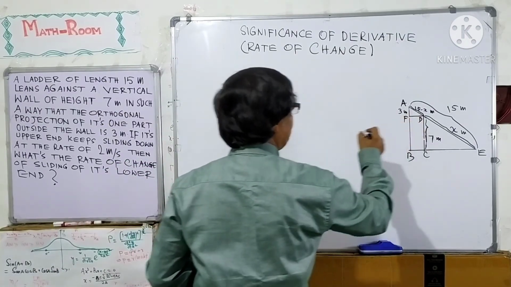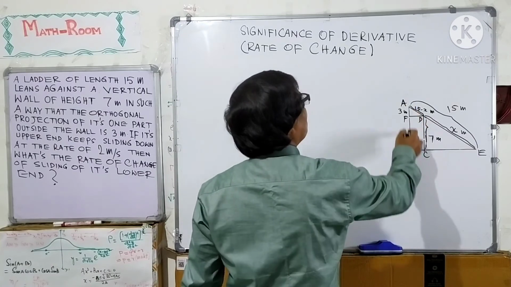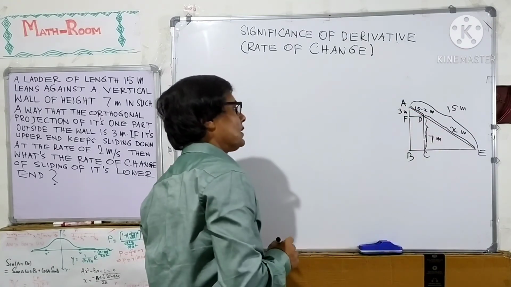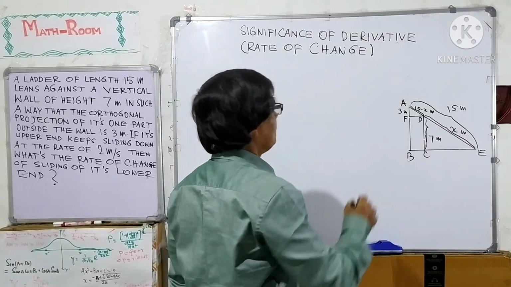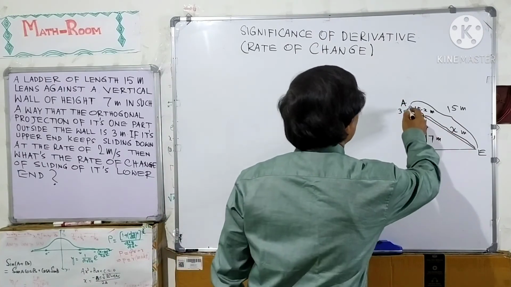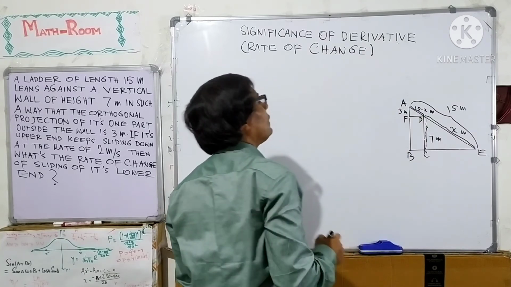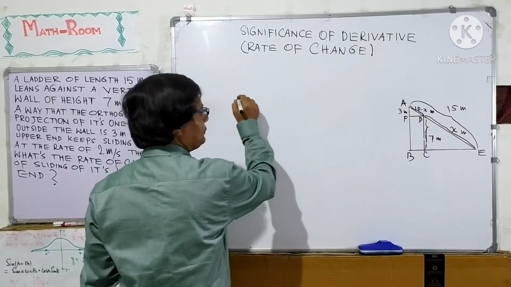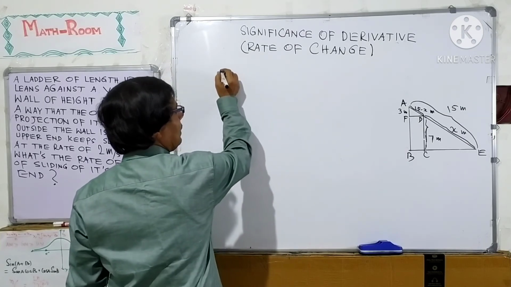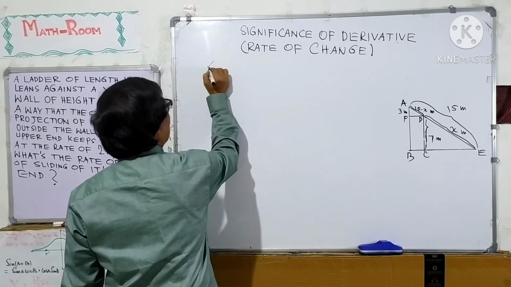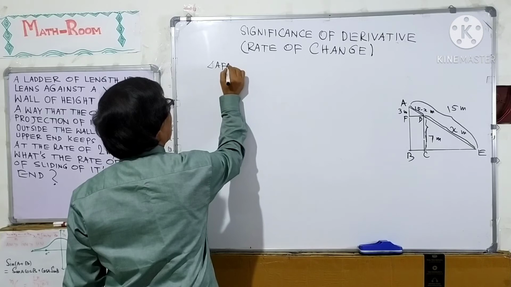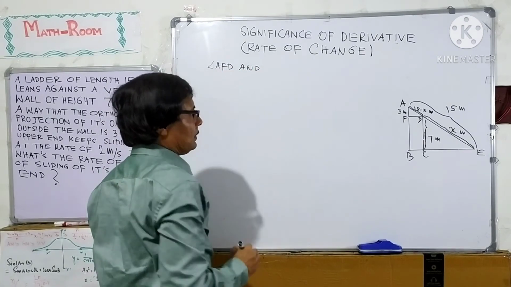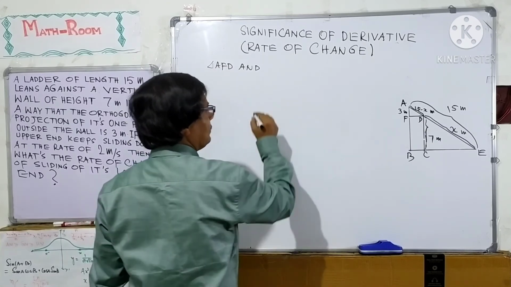Here we can see that there are two similar triangles formed. These similar triangles are triangle AFD and triangle ABE.